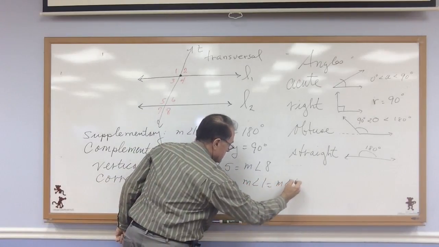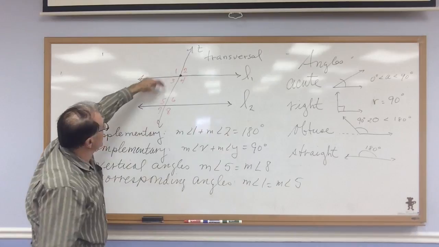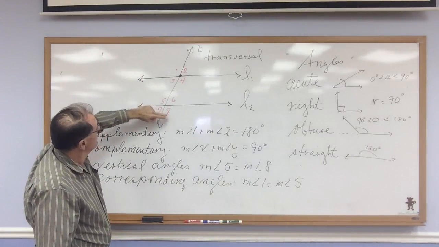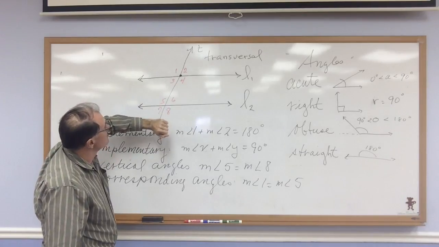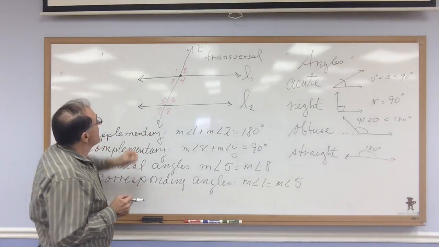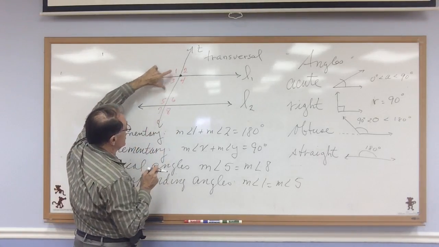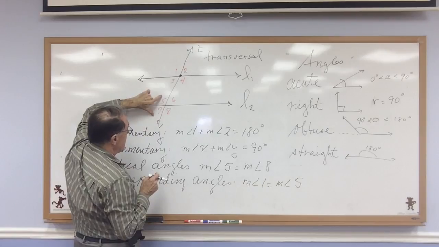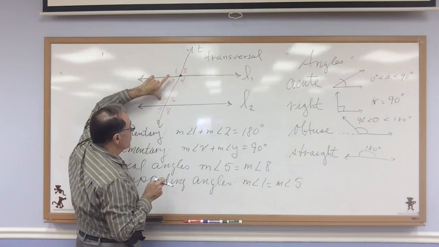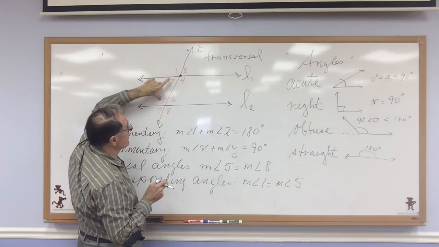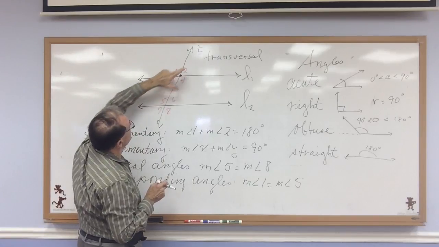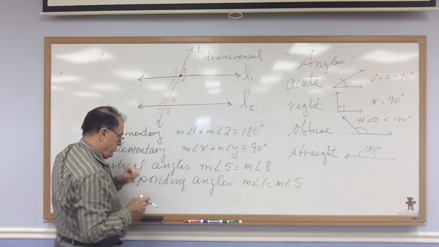Their measures would be equal, 1 and 5. 3 and 7 are corresponding. 8 and 4 are corresponding. 2 and 6 are corresponding. Notice that they do not touch each other. They're not next to each other. And notice one is outside of the two parallel lines. One is inside the two parallel lines. 1 and 5, 3 and 7, 2 and 6, 4 and 8.